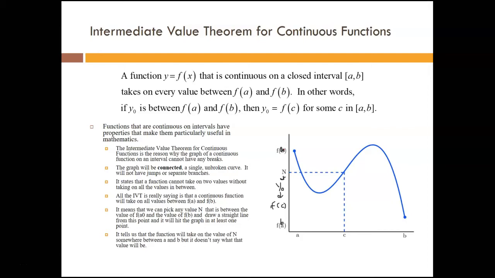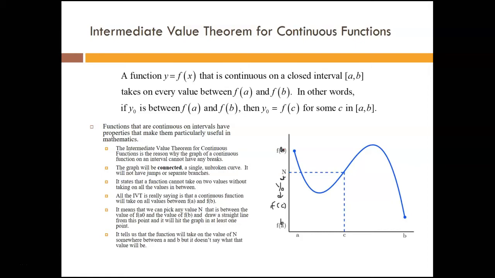The intermediate value theorem for continuous functions is the reason why the graph of a continuous function on an interval cannot have any breaks. So it is this single unbroken curve.